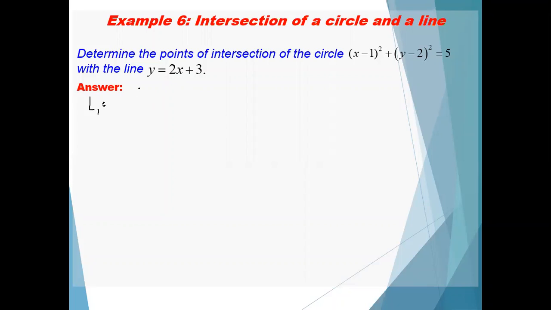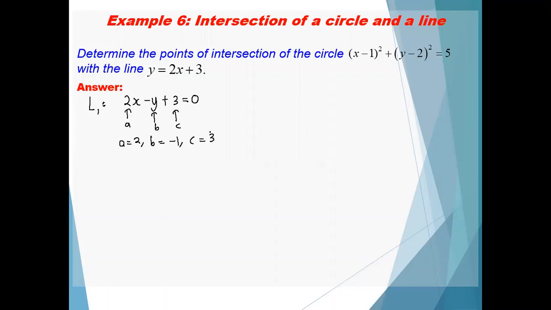Rearrange this one, so you got 2x minus y plus 3 is equal to 0. Do you remember? So this is A, here is B, and this one is C. So A is equal to 2, B is equal to negative 1, C is equal to 3.